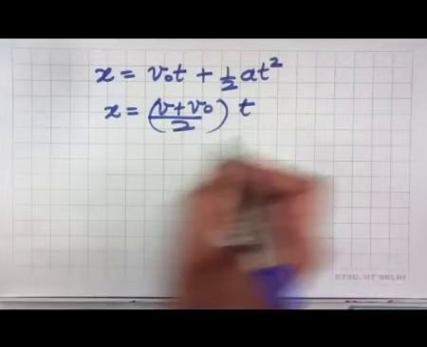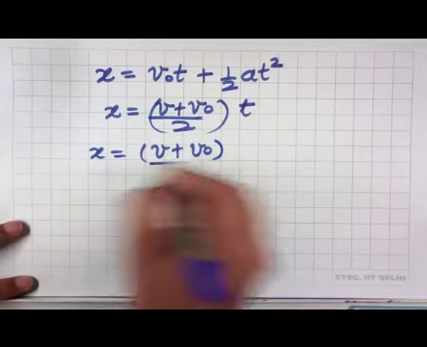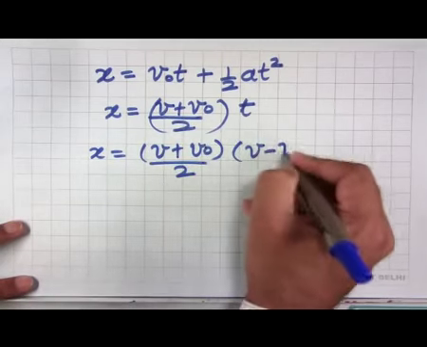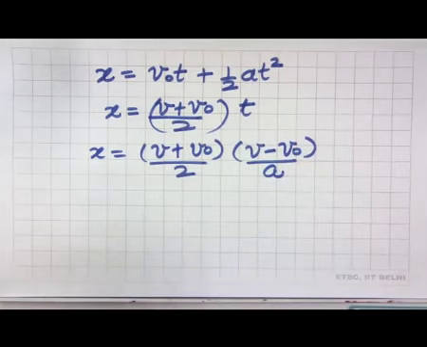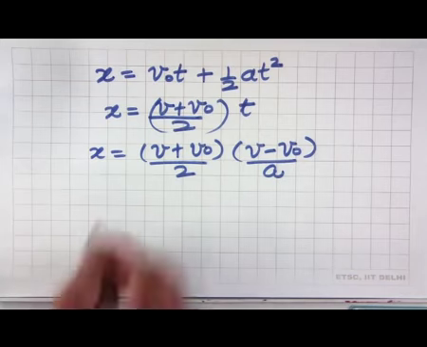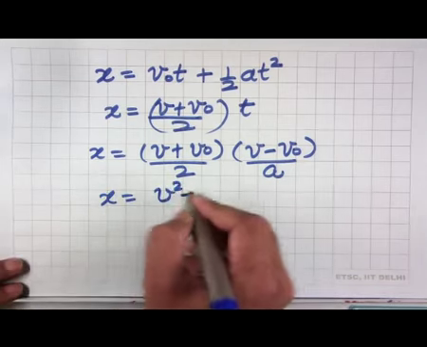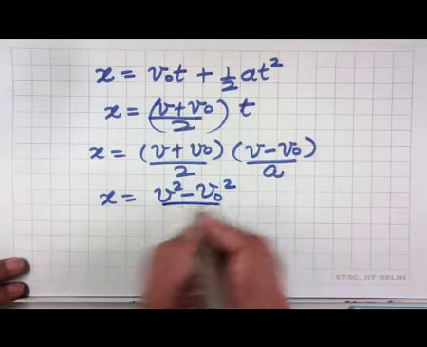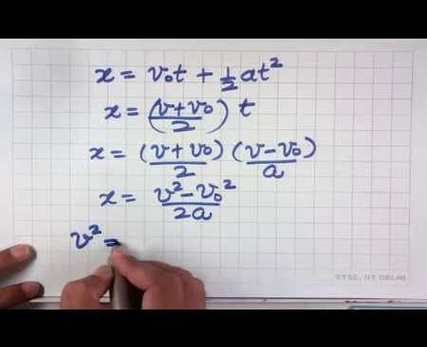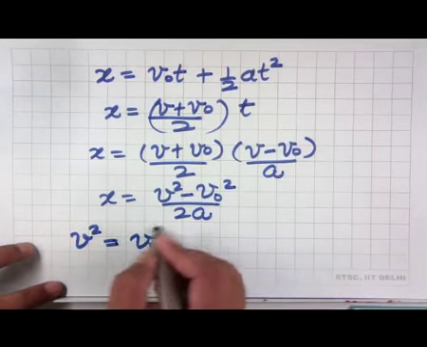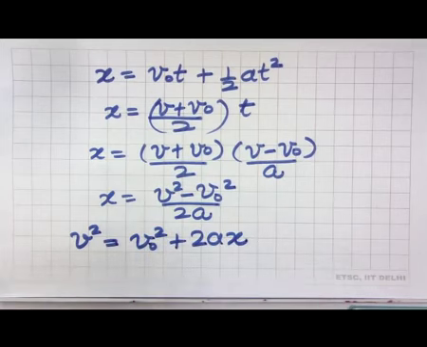So, we can write x as equal to v plus v0 by 2 times t, which is equal to v minus v0 by a, and when we do this we get x is equal to v square minus v0 square divided by 2a, and this gives us v square is equal to v0 square plus 2ax.